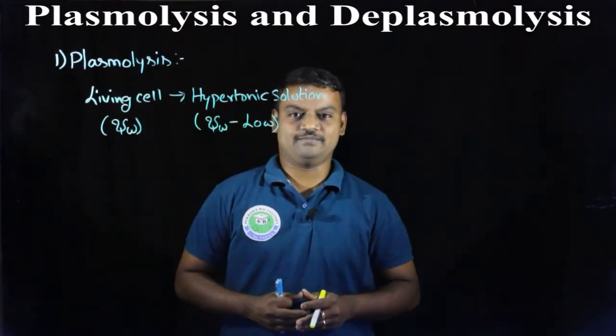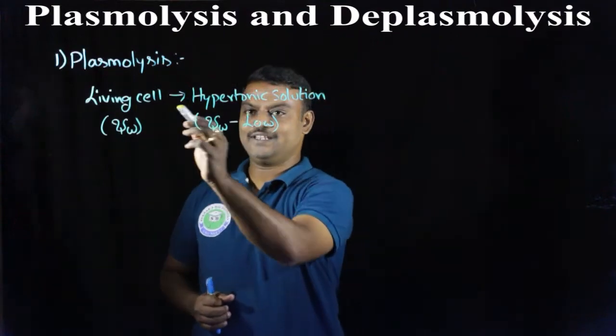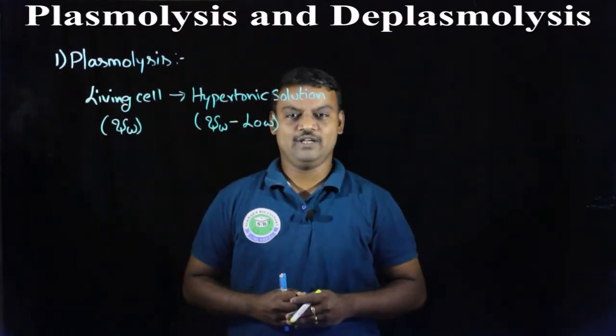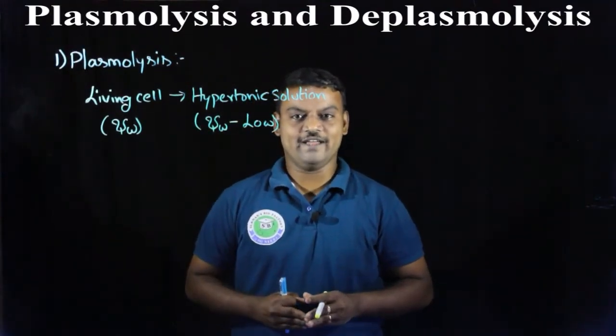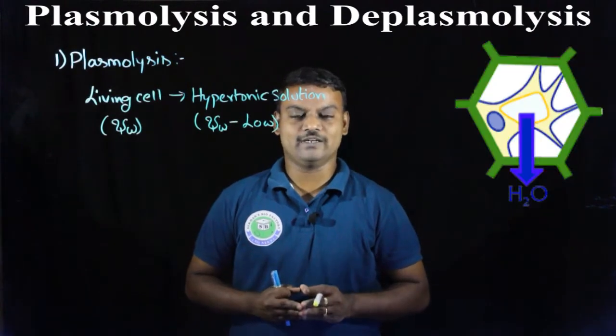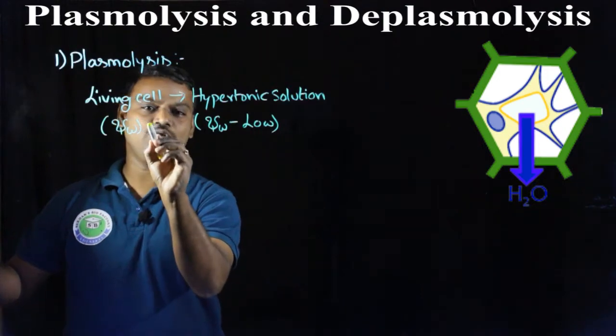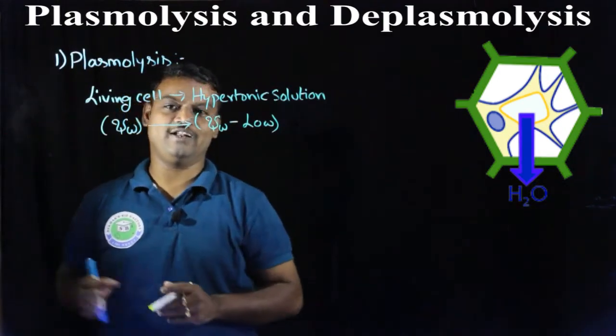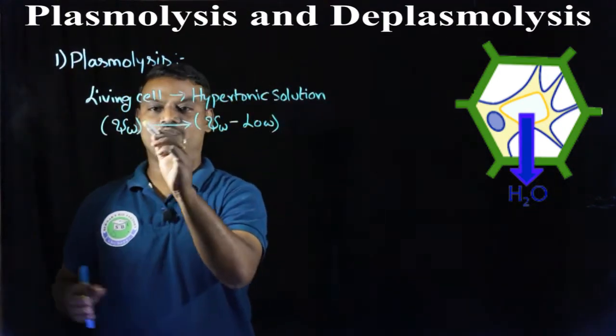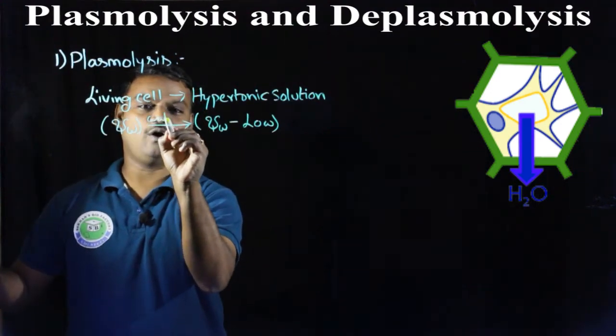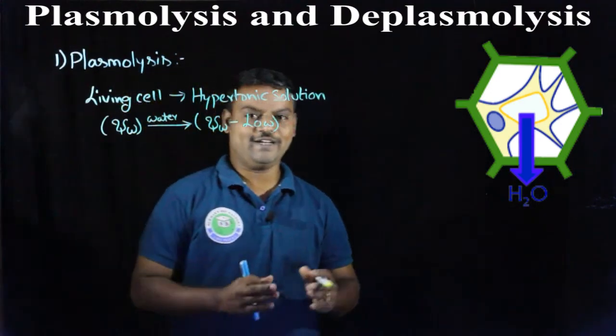In this condition, due to the concentration gradient, the movement of water always takes place from higher water potential to lower water potential. That means water moves from inside of the cell to outside of the cell.